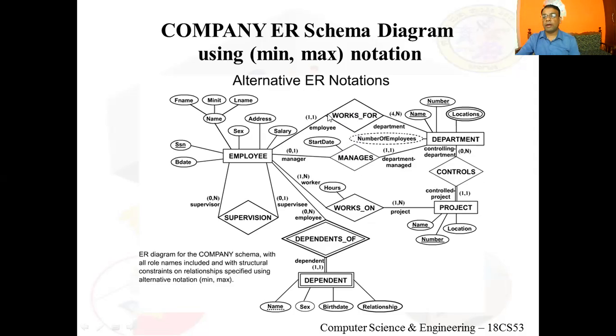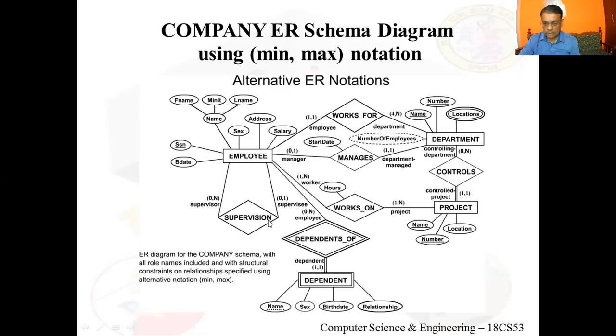You can give it employee X department, but it's not going to convey proper meaning. That's why we have taken works for department. Employee manages department. If you don't like manages, employee MAN department, you can write like that, but it's not going to convey meaning. Manages is the right word to choose for the relationship type name.